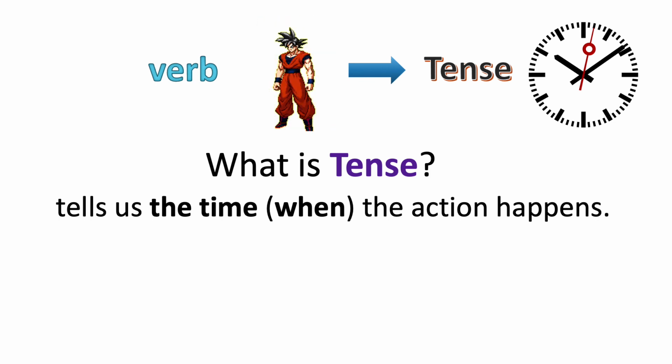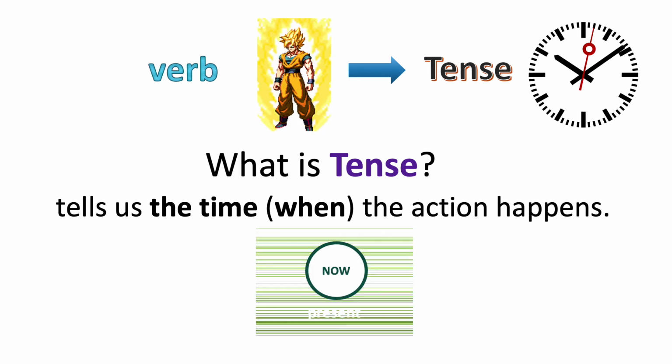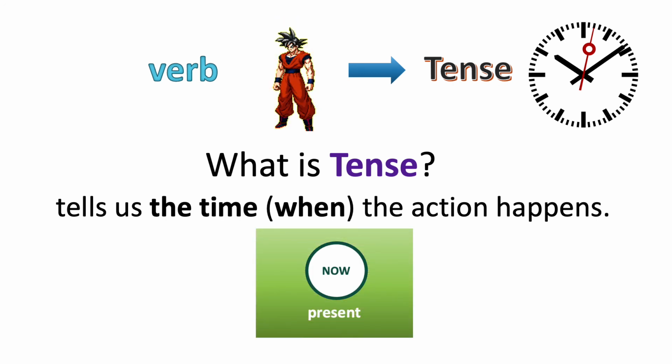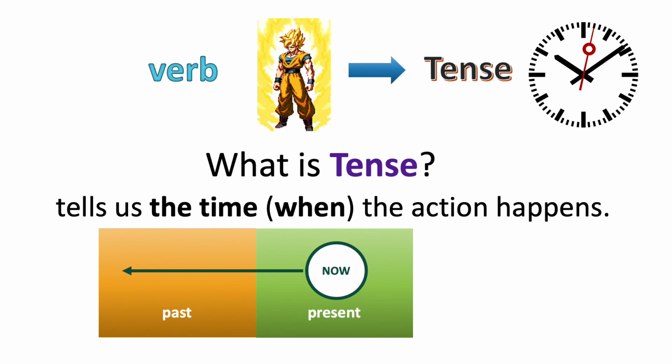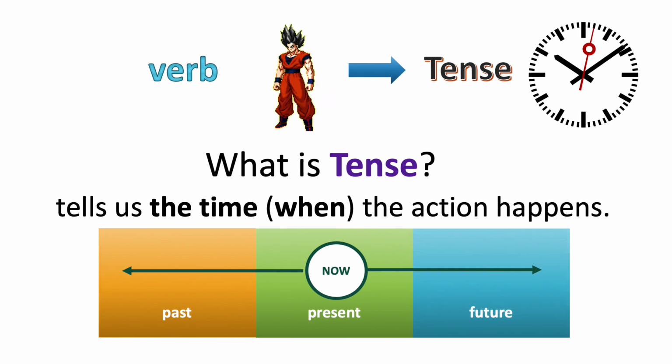Now, when we are talking about time, we know that we can divide time into 3 periods. One is the now, which we call the present. Something that happens before this is called the past. And something that has not happened yet or something that will happen is called the future.